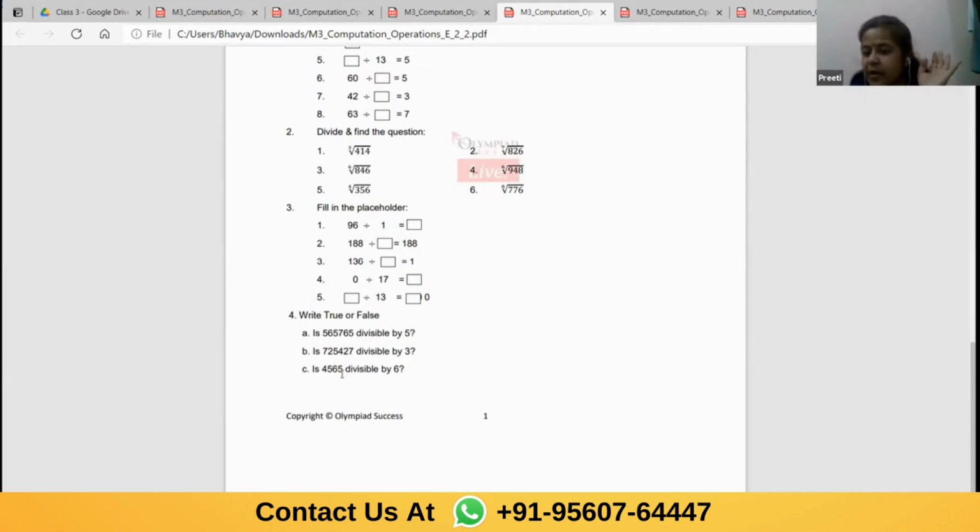There will be a remainder always. So this is false. Even if it is divisible by 3, it is not divisible by 2. For a number to be divisible by 6, it has to be divisible by both 2 and 3.